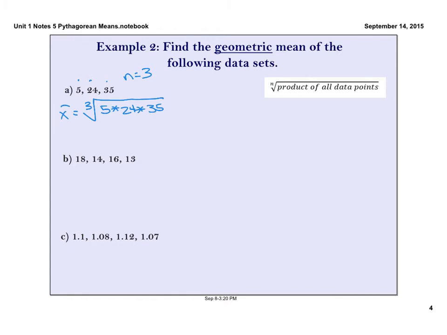Now I want you to look at your calculator. For most of you there are 2 different ways that you'll find this, depending on what calculator you have. If you have a scientific calculator, one of those little calculators with the small window that's about $15, here's how you type in your nth root. You're going to type in the root first.